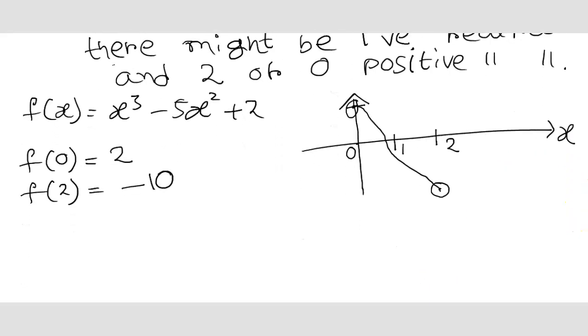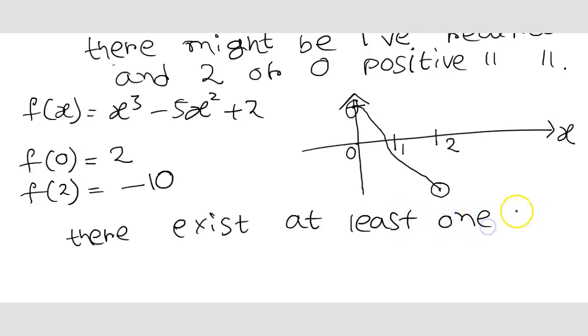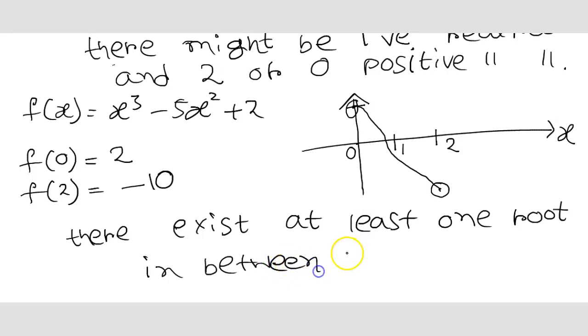So we can guarantee that there exists at least one root of this equation in between 0, 2, because we can simply observe that. I don't know what the root is till now, but I can guarantee that there is a root between 0, 2. At least one. There might be more, but at least one.